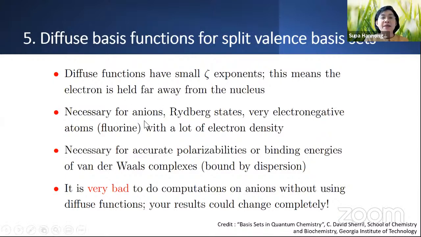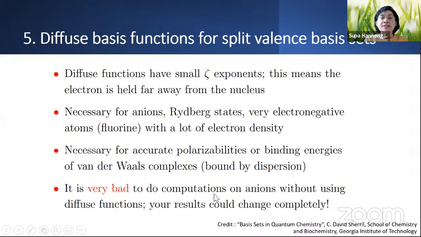This is especially important for anions, in Rydberg states, and for very electronegative atoms like fluorine with a lot of electron density. In this case it is necessary for accurate polarizability or binding energies of van der Waals complexes, because van der Waals is an interaction bound by dispersion.